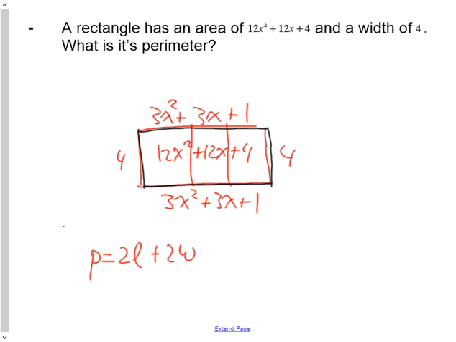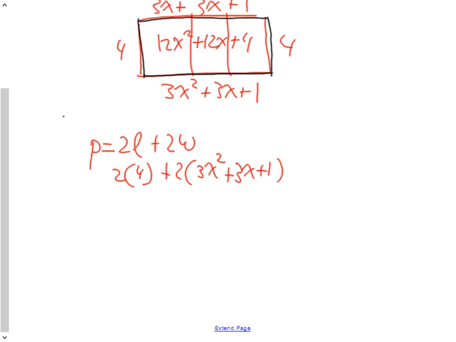Perimeter of any rectangle is 2 lengths plus 2 widths. The reason I want you to write 2 lengths and 2 widths is that writing it this way requires you to do multiplication of polynomials and addition of polynomials, which is Chapter 5 and Chapter 7.